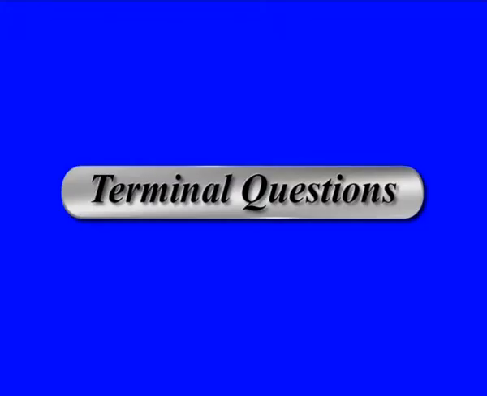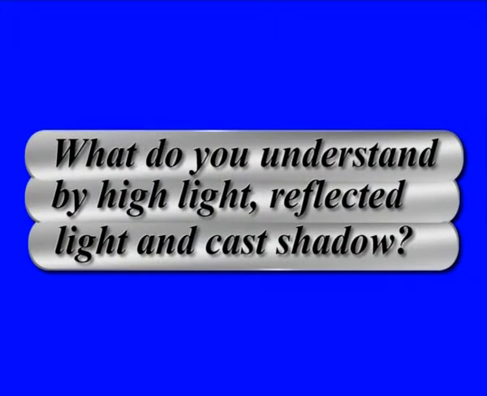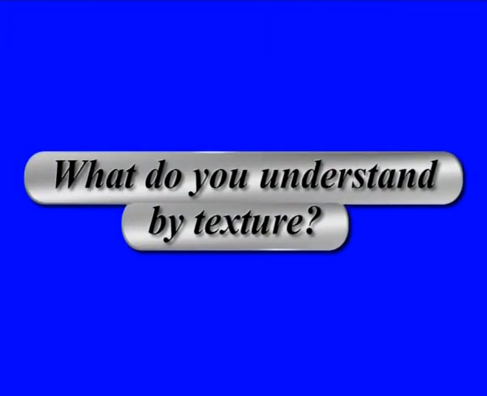Terminal questions. Do a drawing with value and how you will create it with the help of light and shadow. What do you understand by highlight, reflected light and cast shadow? What do you understand by texture?